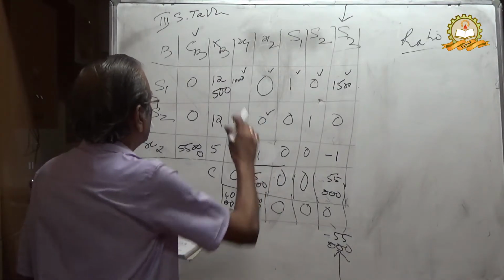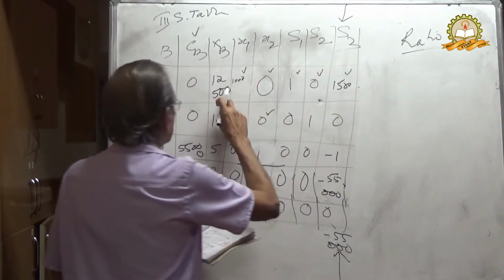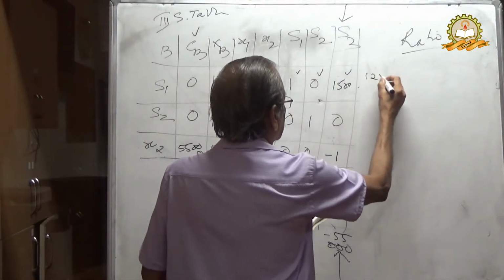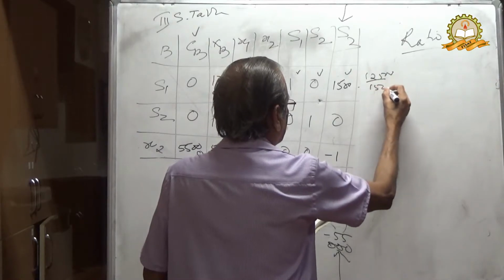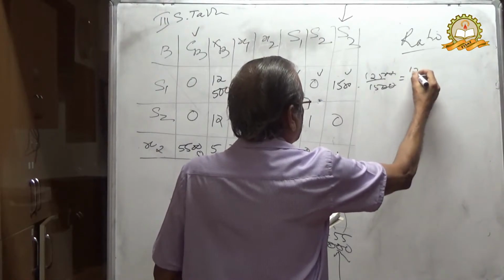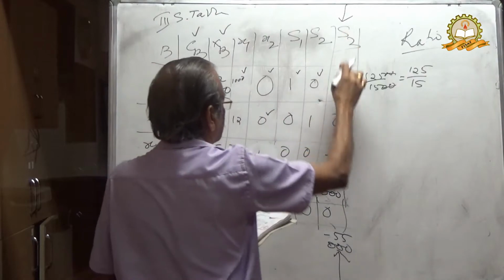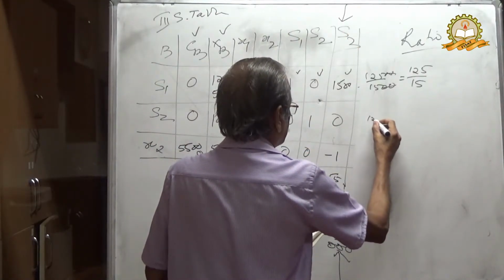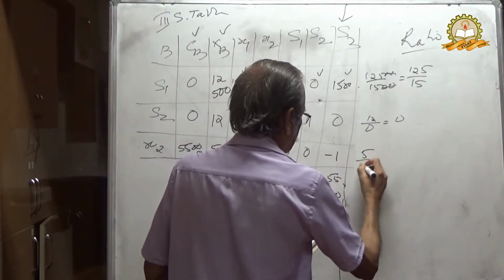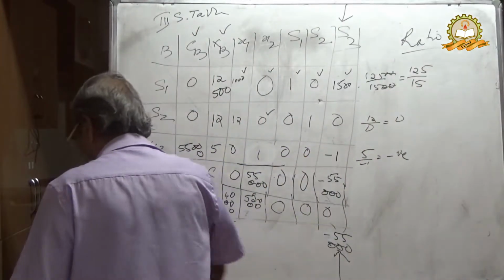Therefore, taking the ratio, 12,500 by 1500, 125 by 15, here this divided by this, 12 by 0, and 5 by negative 1, negative 0, 125 by 25.